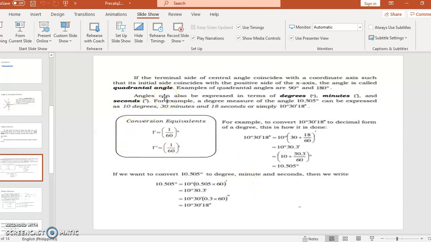If the terminal side of a central angle coincides with a coordinate axis, such that its initial side coincides with the positive side of the x-axis, the angle is called a quadrantal angle. Examples of quadrantal angles are 90 degrees and 180 degrees.